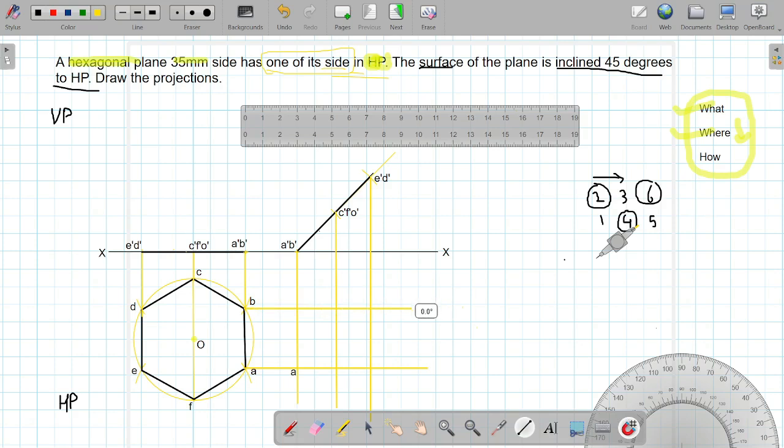So this is a projector from B, and it is meeting the projector from B at this particular location. So this will be named as point B.